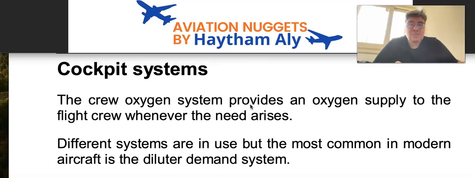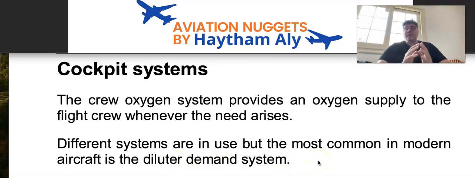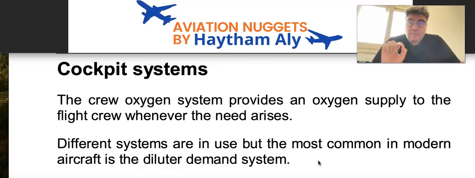This is to reduce the distance between the high pressure gas cylinder and the crew oxygen mask, because, you know, oxygen is not safe to be routed for a long distance inside the cockpit or inside the aircraft. Different systems are in use, but the most common in modern aircraft or airliners is the dilutor demand system.